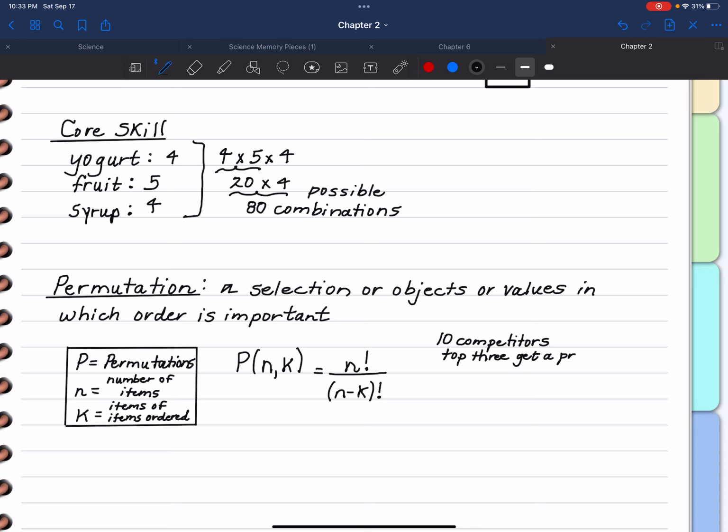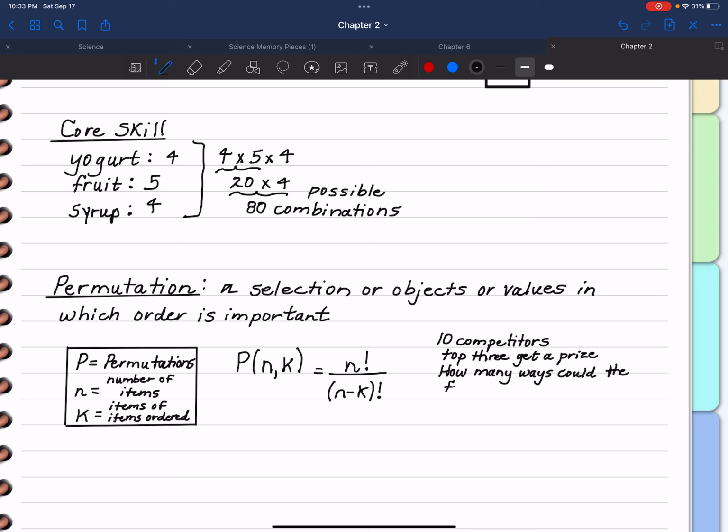So that means 7 of these folks are going to walk away with nothing. You have to finish in the top 3 to get the prize. How many different ways could the competitors finish in first, second, and third place? So how many ways could they finish?